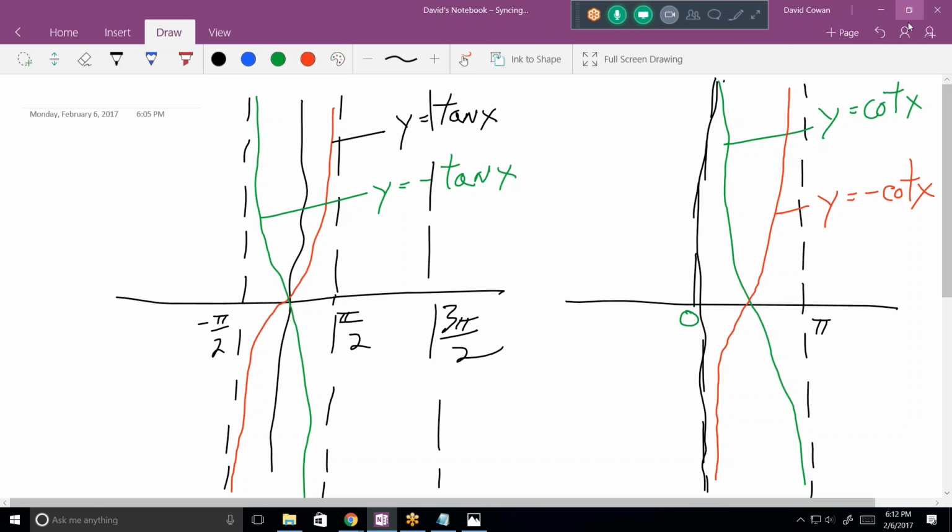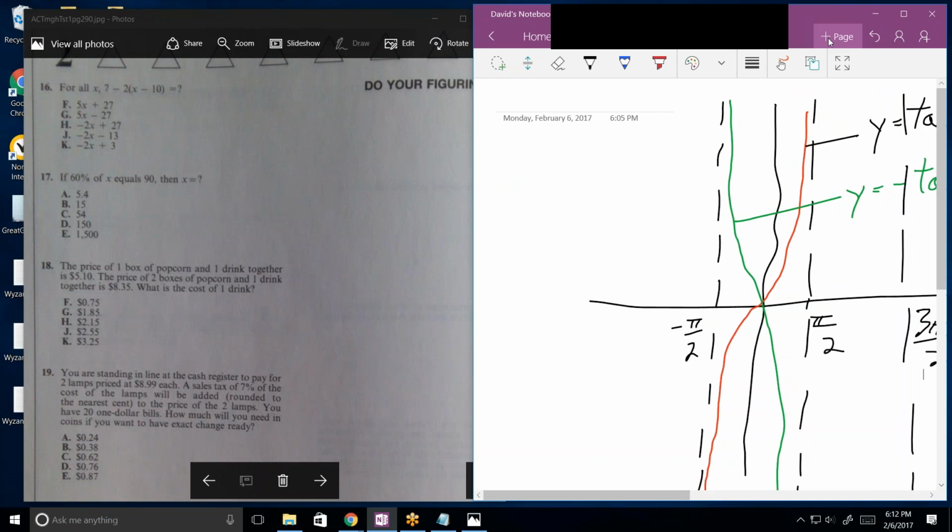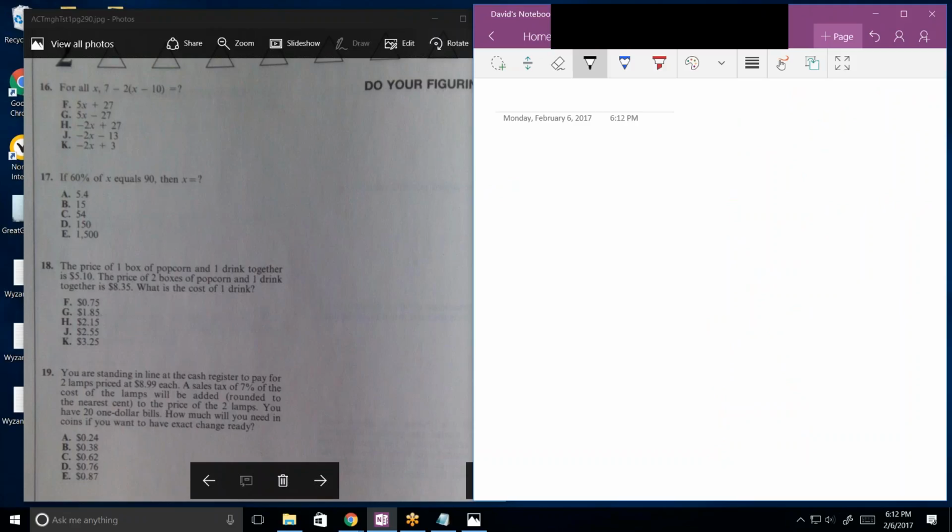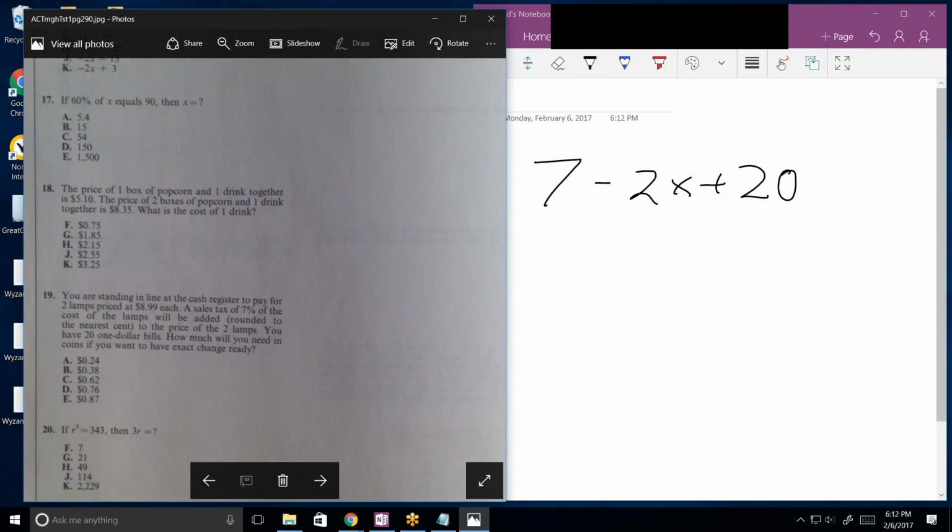Minus 2x plus 20, equals 7 minus 2x plus 13 plus 20, right? Okay, so what's that? It's just negative 2x plus 27. And that's one of the answers. So cool. I would go with that. Don't spend a whole lot more time on it than that.